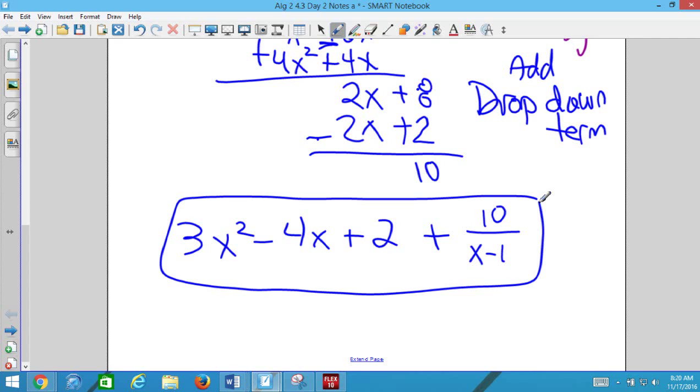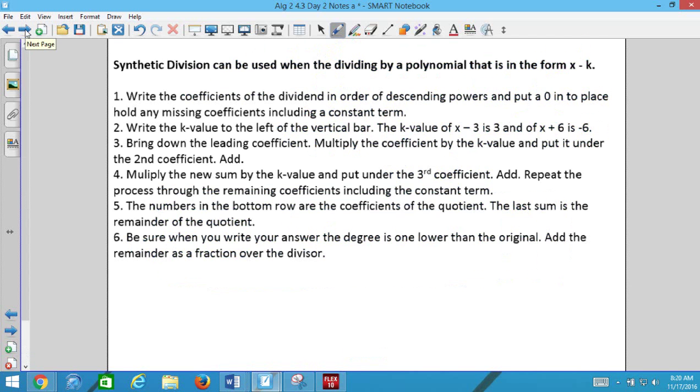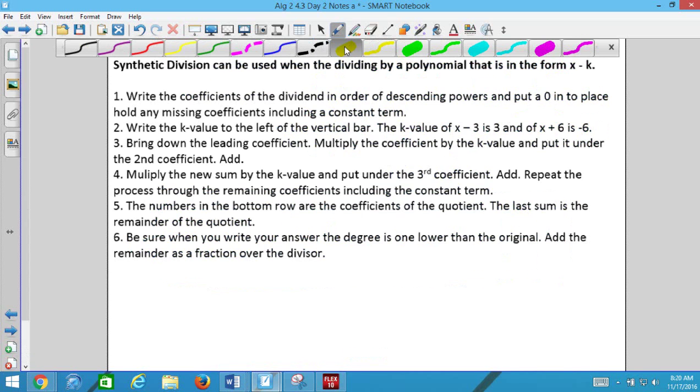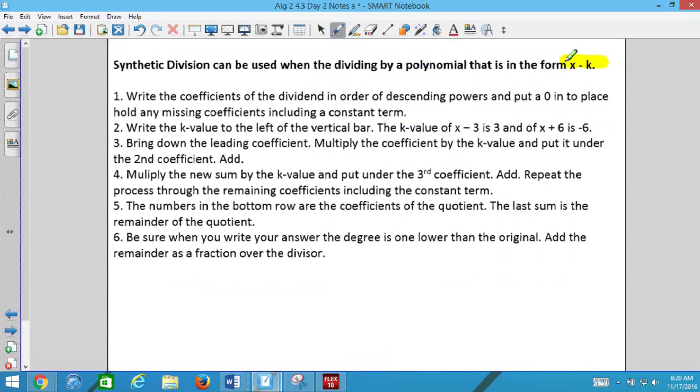The notes that we did last time, most of those you had to do by long division. You can use synthetic division if we have what we are dividing by in the form of x minus a number, x minus k.